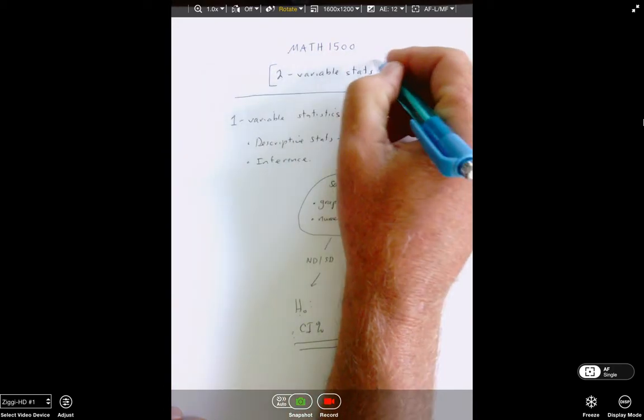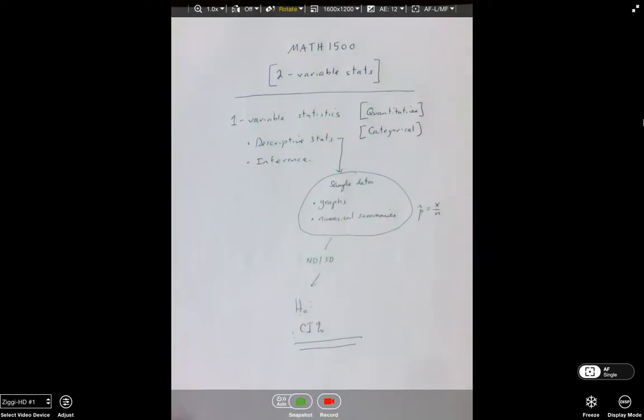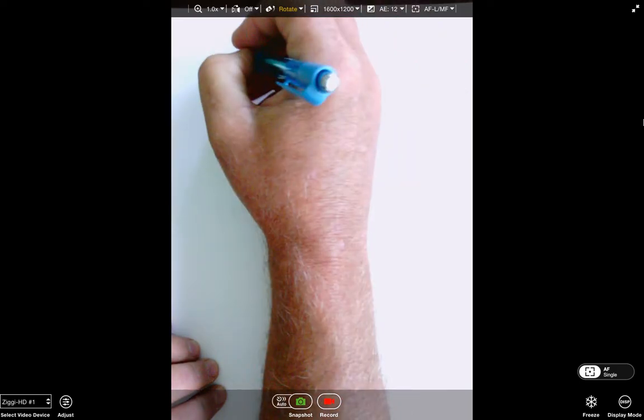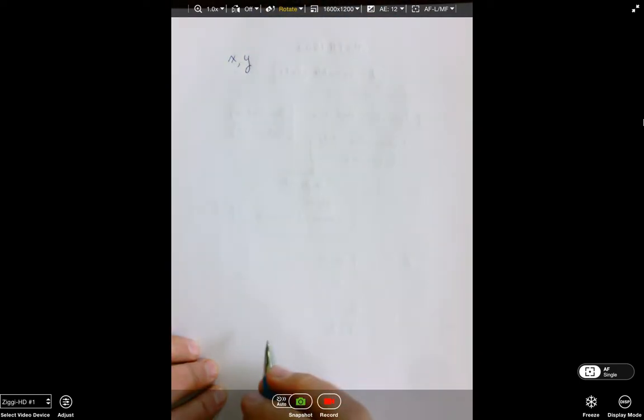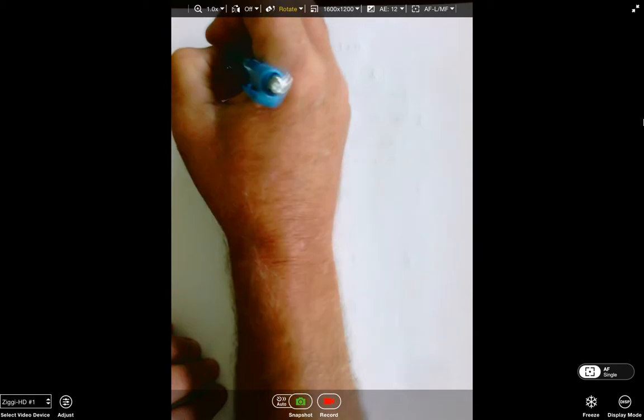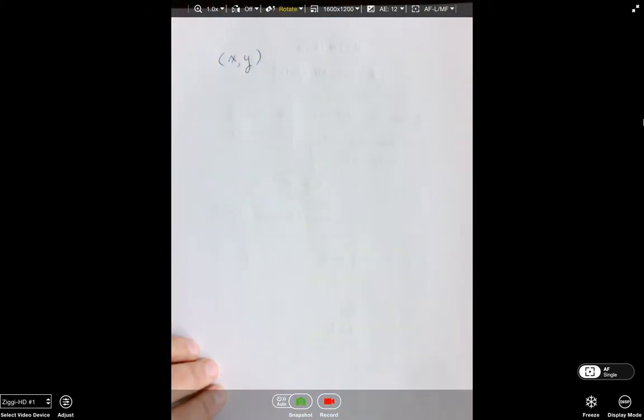Many of the same principles are going to apply with two variable statistics. So let's get the ball rolling here. Instead of having one variable, we have two variables, x and y, and we typically see those as an ordered pair.